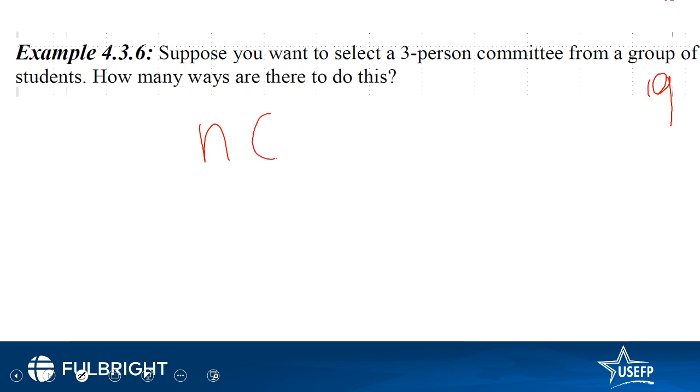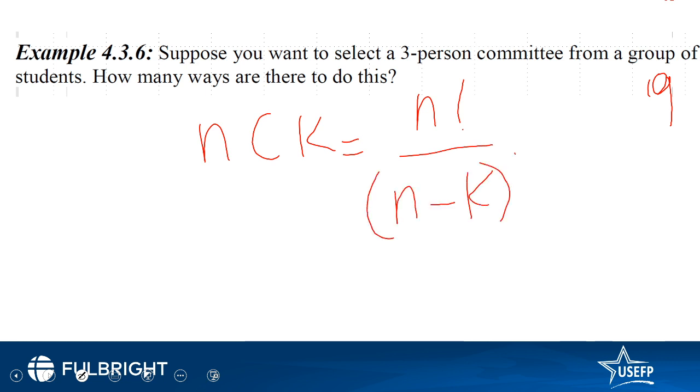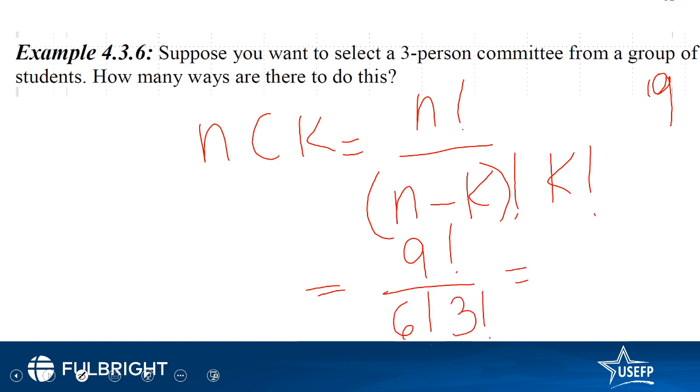It is a combination question because it does not matter who we select first. So we would apply this formula: 9 factorial over 6 factorial times 3 factorial. If we do the math, it comes out to be 84.